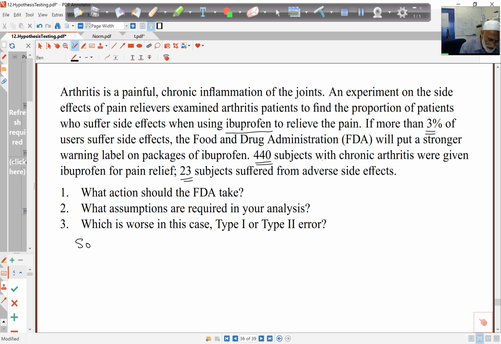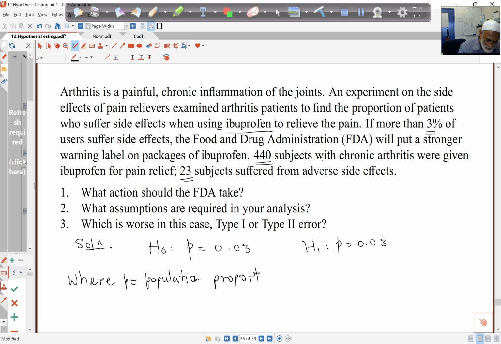So the first part of this is going to be a simple hypothesis test. Our hypothesis here is about P. It says if more than 3%, so this is saying it is actually 3% or 0.03 as opposed to more than that, where this P is the proportion of people who suffer side effects.